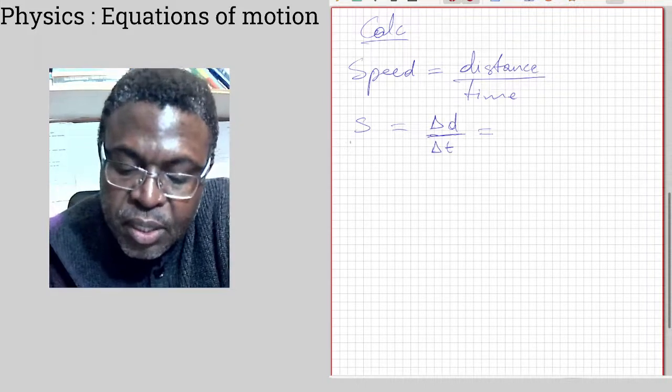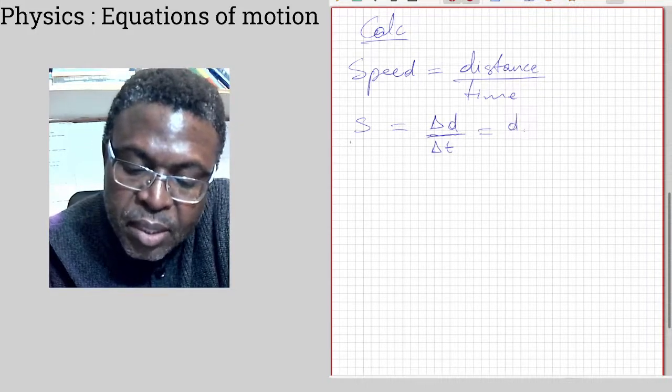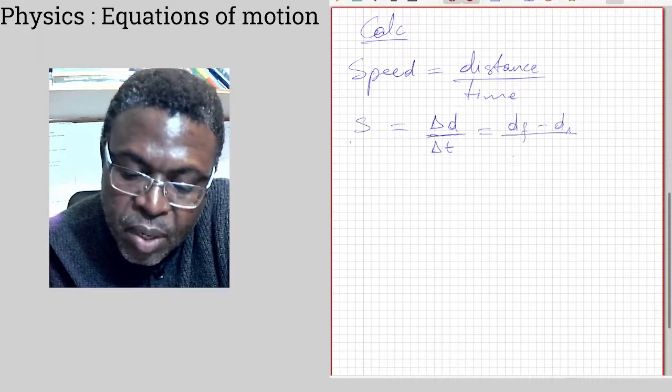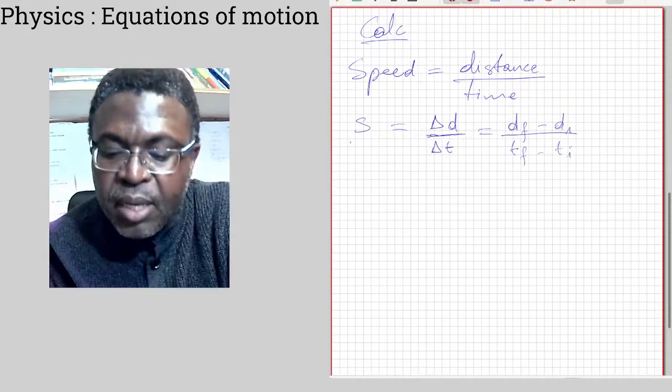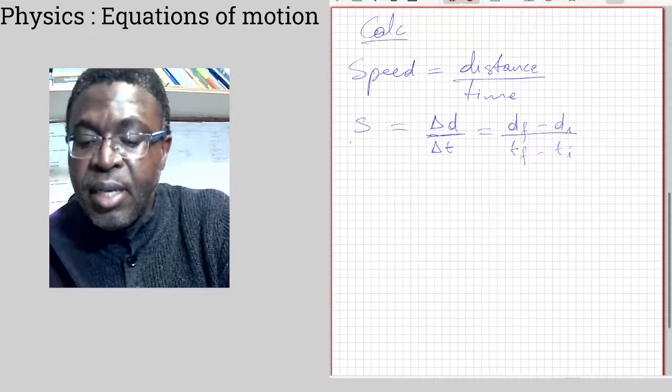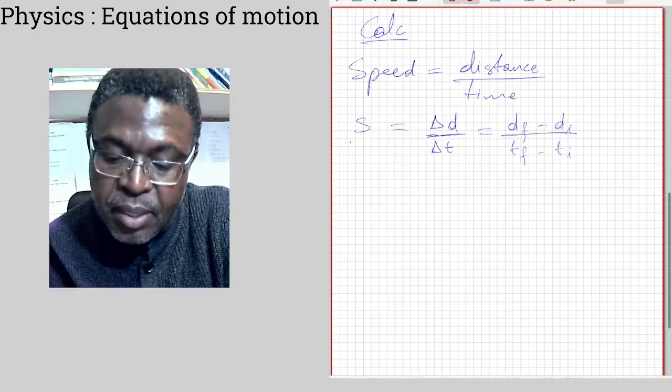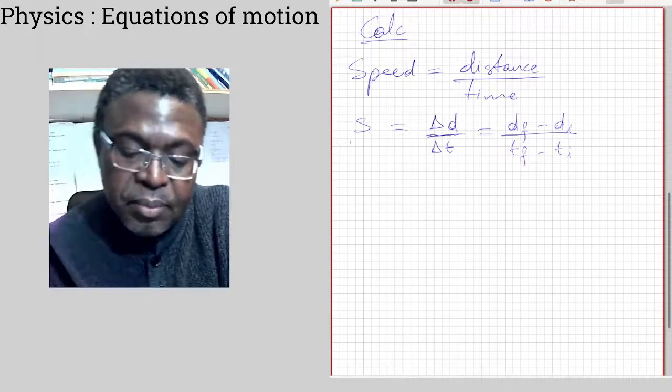What is change in d? It means d final minus d initial over t final minus t initial. Final is the destination, initial is the starting point, right? So now you understand, okay?